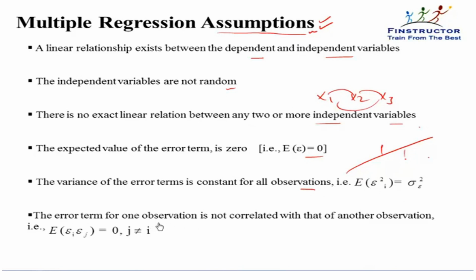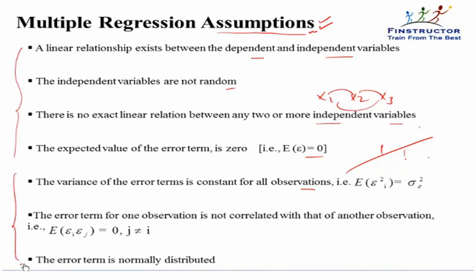The error term for one observation is not correlated with that of another observation. That is, there is no autocorrelation or no serial correlation. That also we will study soon. And finally, the error term is assumed to be normally distributed. So please spend 1 minute on this slide and try to memorize each of these points on your own.